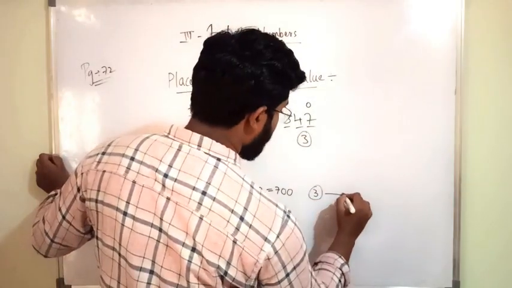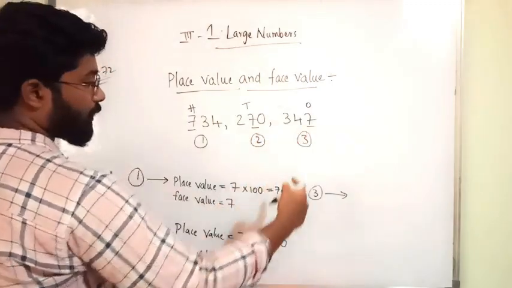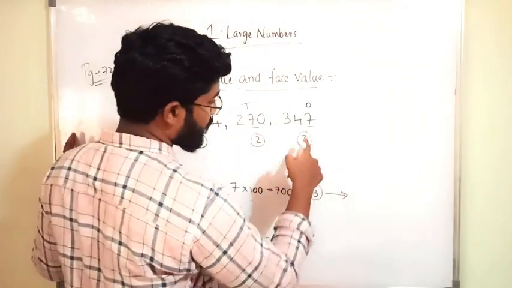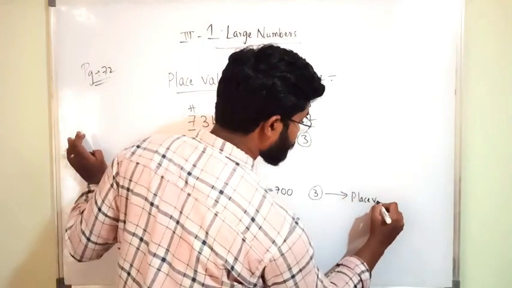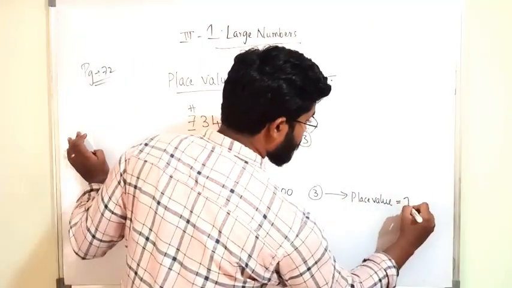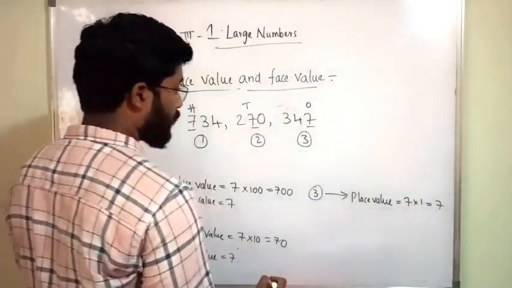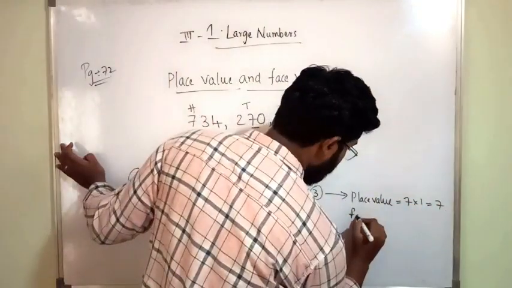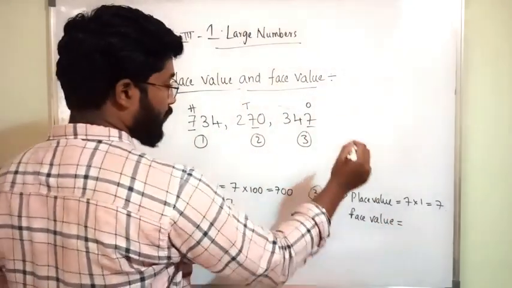Third number, 347. Here 7 is in which place? Ones place. What is the place value? 7 in ones place, 7 into 1 equals 7. What is the face value? Face value is 7 only.